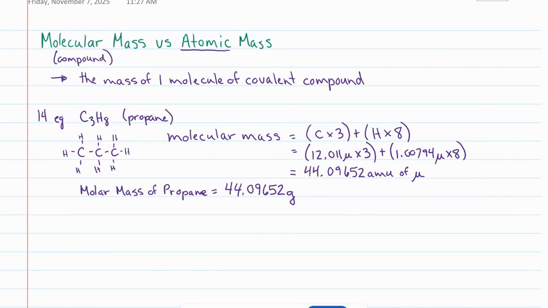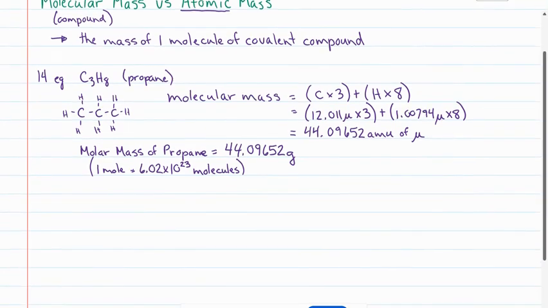And remember that the molar mass is 1 mole of propane, which is equal to 6.02 times 10 to the 23rd molecules. Okay, so that is how in question 14, you would figure out the molar mass of propane.